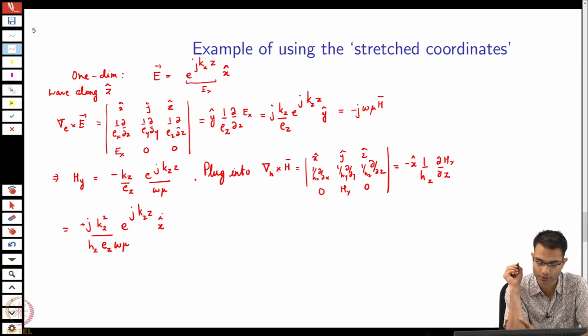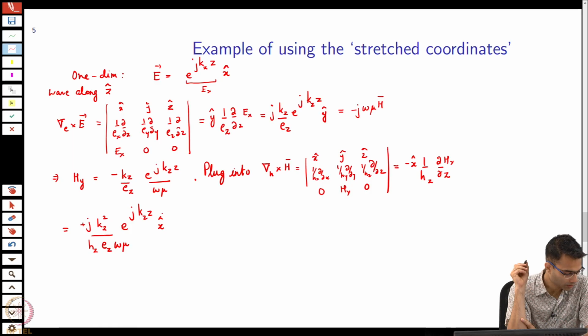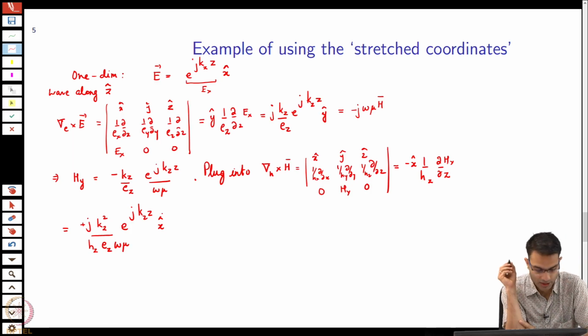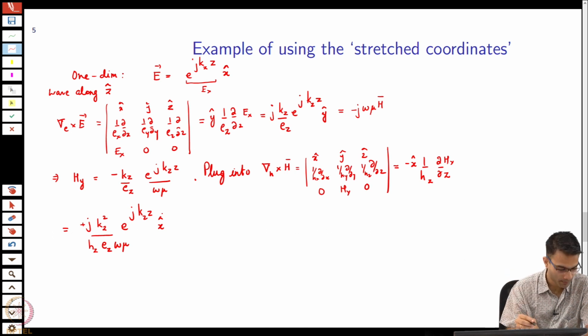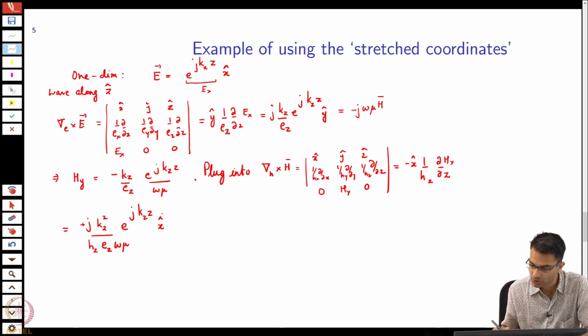Okay. So, I just substituted the value of hy that I already had, that gave me a plus j kz, right, and Hy already had a kz, so it became kz squared. Omega mu was in the denominator, hz ez, right. So, the algebra is fine. So, this is curl of H.